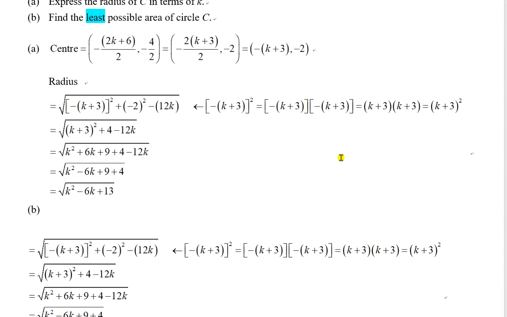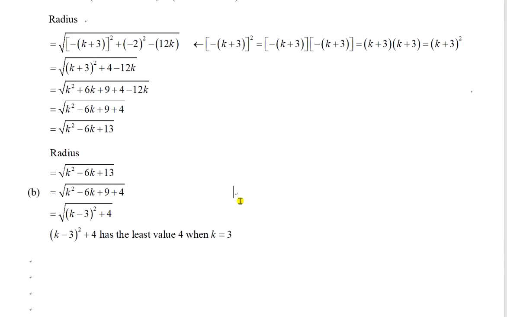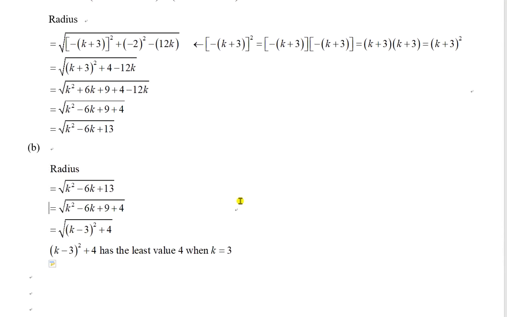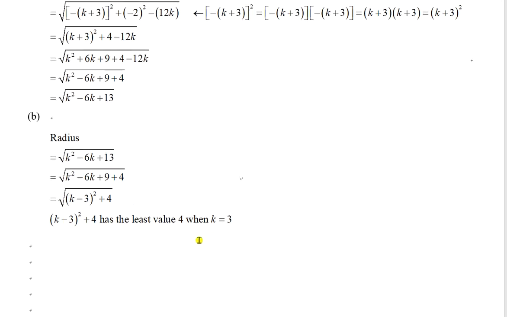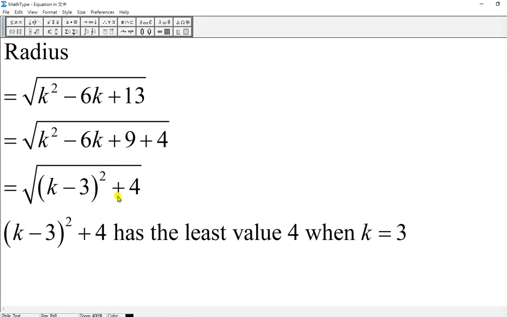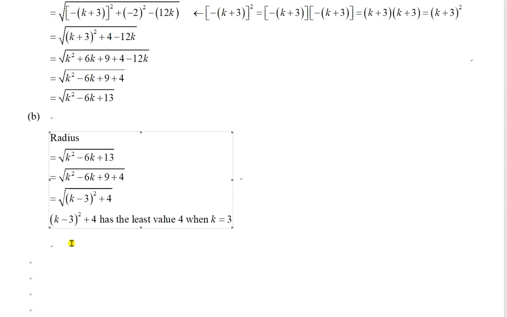So after we realize that this value has the least value 4 when k equals 3, that means the least possible value of the radius would be the square root of 4, that is 2.